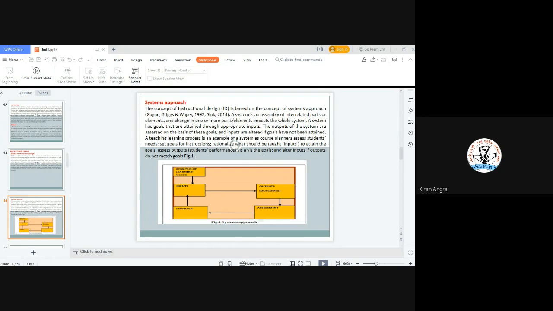There is a scientist, Gagné, who says that for these three domains of learning, he described five capabilities that learning should develop. They are intellectual skills, which means using them for solving problems and understanding concepts.